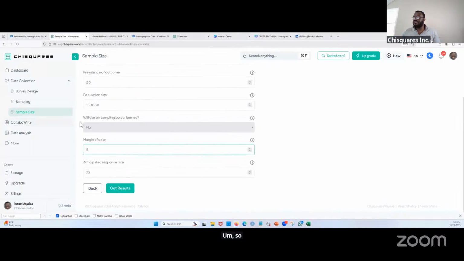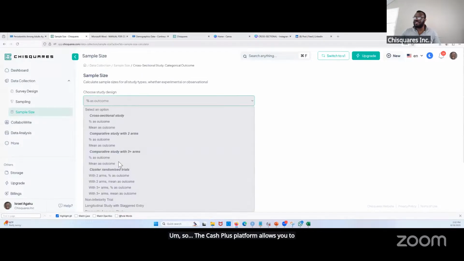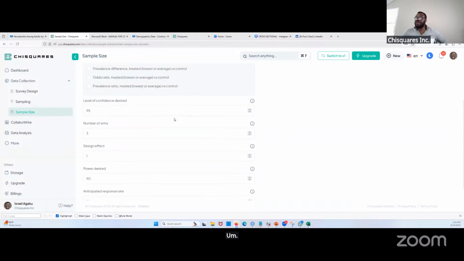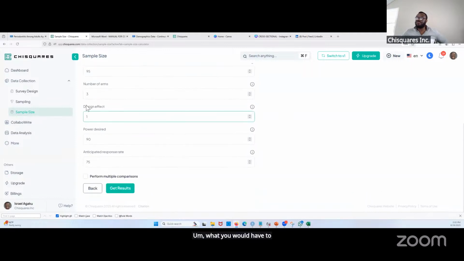So the KNHANES platform allows you to calculate a sample size with cluster randomized trials. And so let's say your study has 2 arms or 3 arms, whatever the case might be. What you would have to worry about is the design effect.